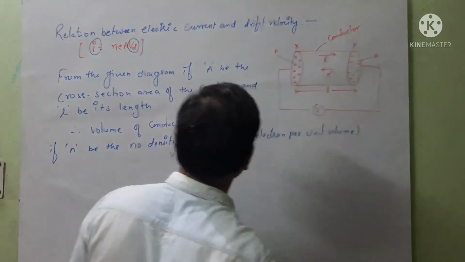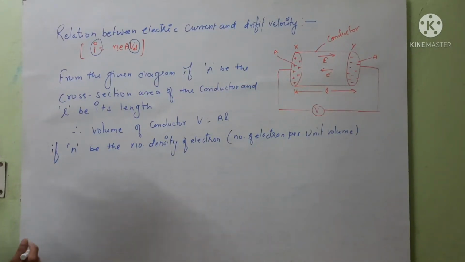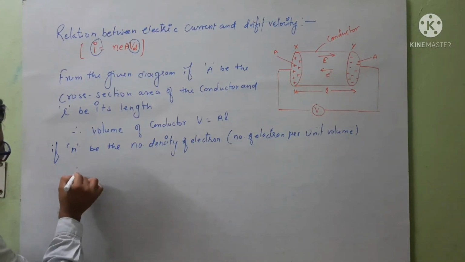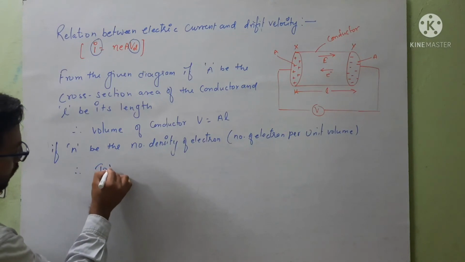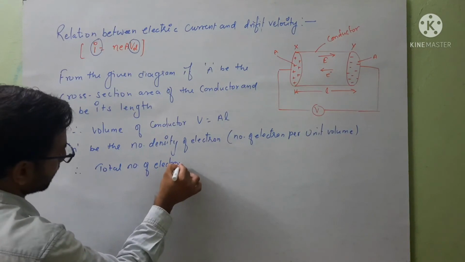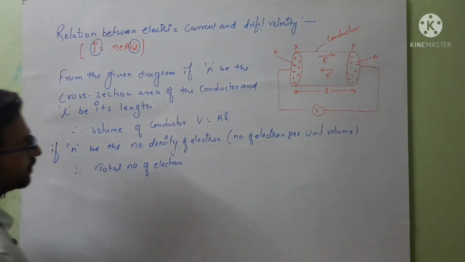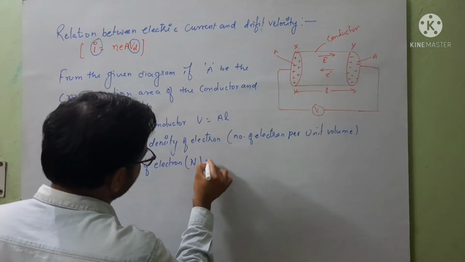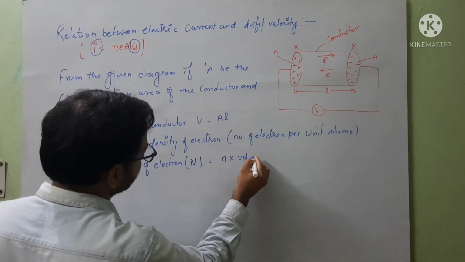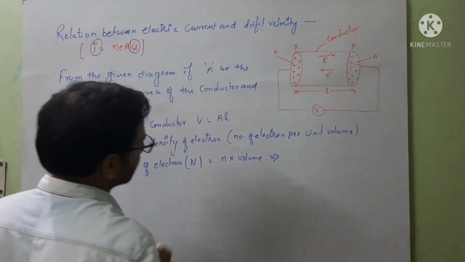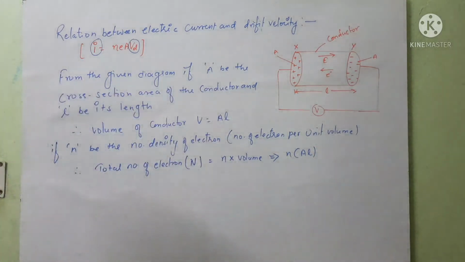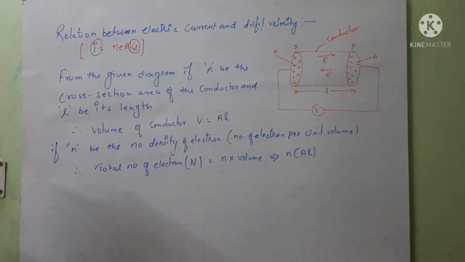So if we want to find the total number of electrons, how will we calculate? Total number of electrons, suppose N, is equal to small n into the volume, which means n into AL. Got it, students? This is the total number of electrons.